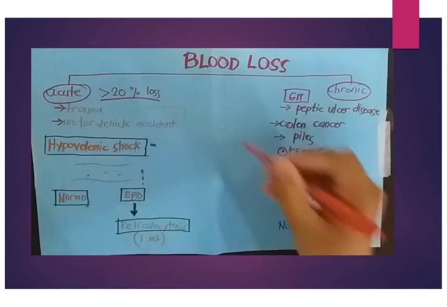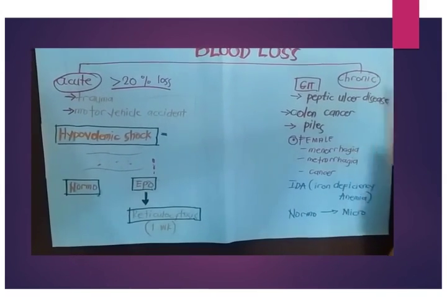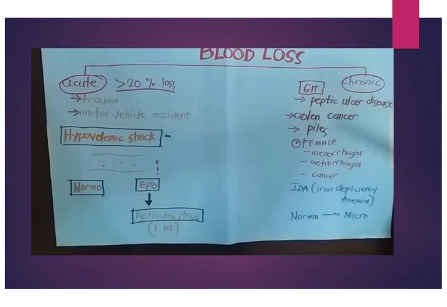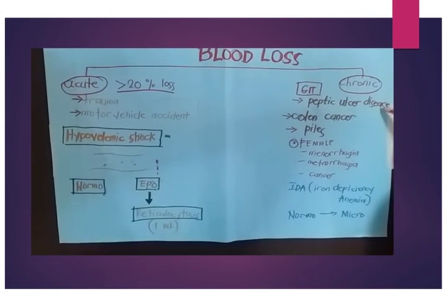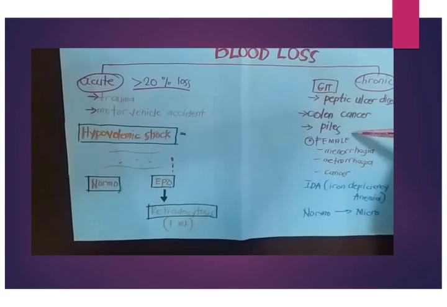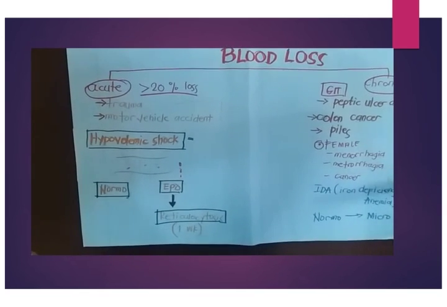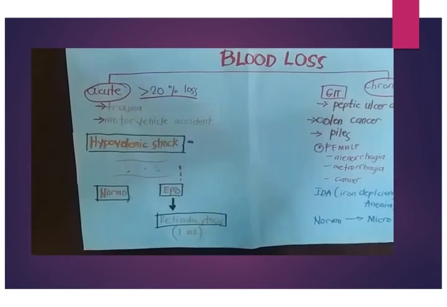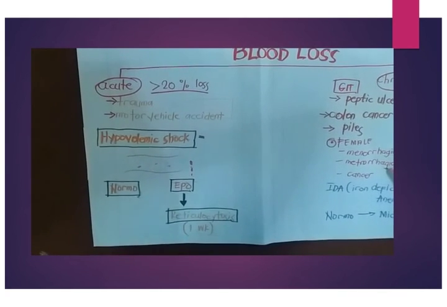Okay, how about the second one, chronic blood loss? There are many causes such as GIT bleeding, such as peptic ulcer disease, colon cancer, piles or aka hemorrhoids. Also we have menorrhagia and metrorrhagia.